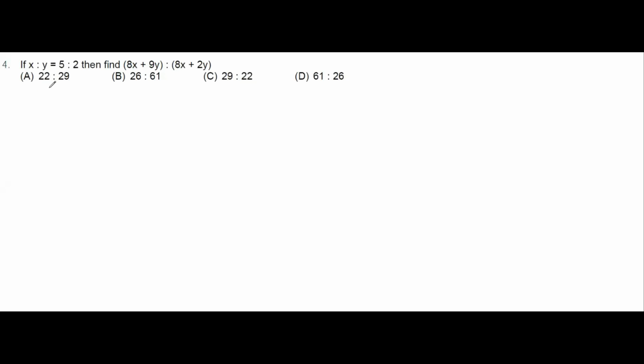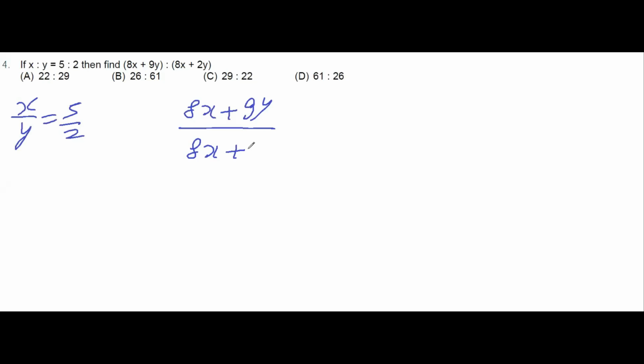It says that x is to y is 5 is to 2. So the meaning of that is x divided by y is 5 is to 2, and we need to find 8x plus 9y is to 8x plus 2y. So how can I do this? I have x upon y.